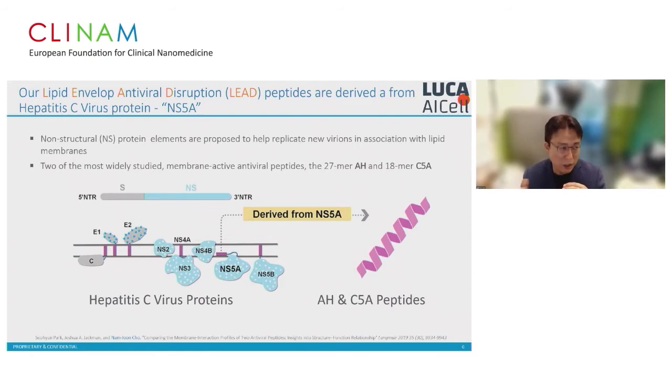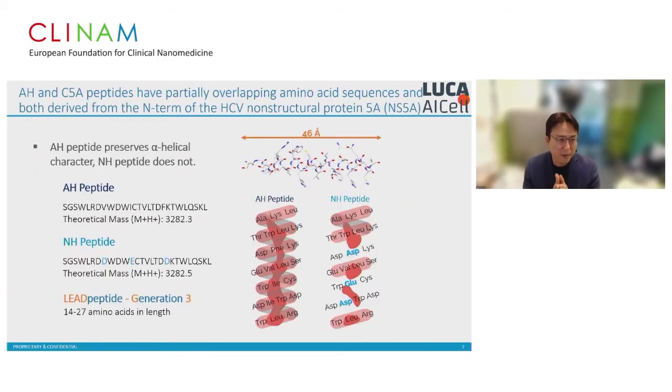The whole concept of the peptide is derived from the virus itself. I was working on HCV before, and it has a domain called non-structural 5A protein. From there, we derived and engineered a peptide that senses the curvature of the lipid envelope, and it works amazingly, very specifically and efficiently.